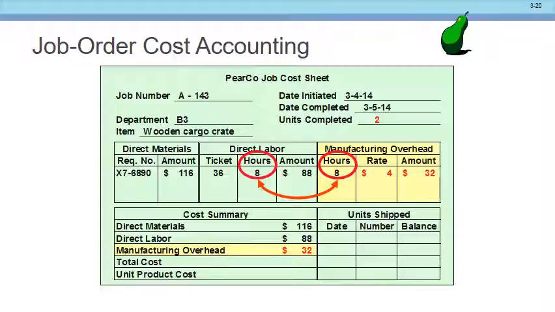So we have now gathered our product cost, haven't we? We've gathered our direct labor and our direct material. That was pretty easy, just however many hours we spent and how much material we used. Then we had to use our predetermined manufacturing overhead rate to apply the overhead to this job, right? So we captured our cost on this job.